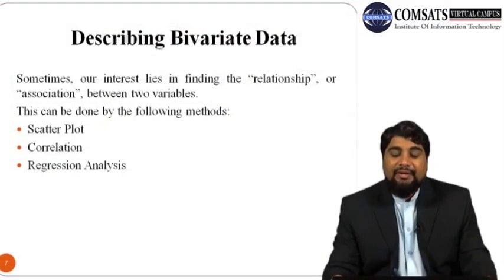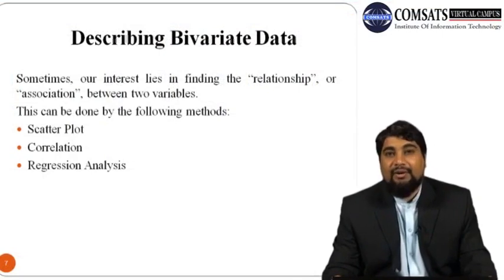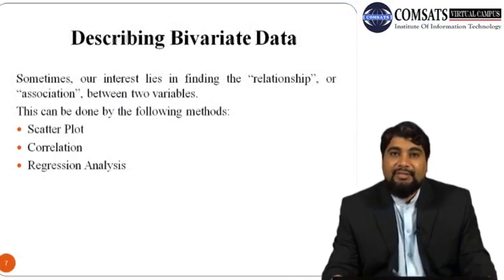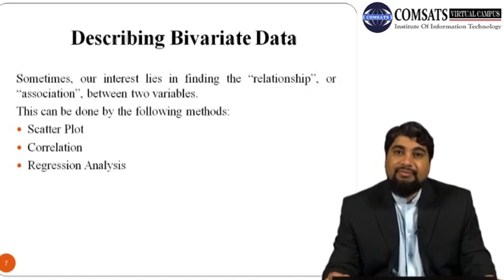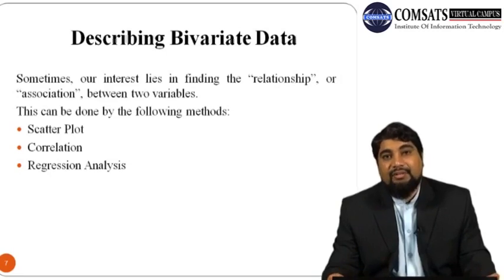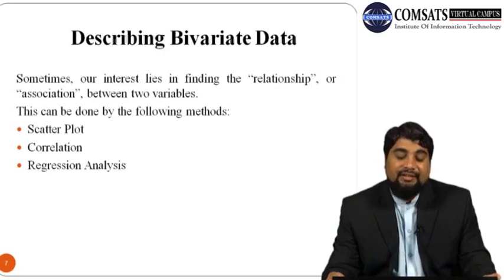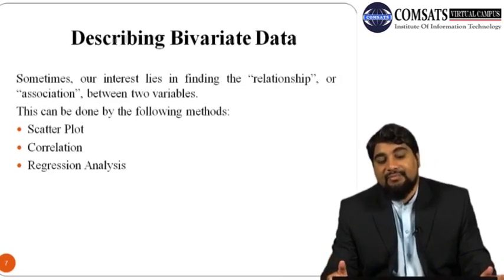Now we discuss how one can describe a bivariate data set. Sometimes our interest lies in finding the relationship or association between two variables. This can be done by the following methods: scatter plot, correlation, covariance, and regression analysis.